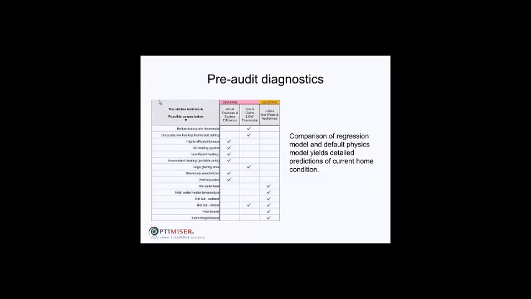So it will tell you the results of the analysis instantly, and then it will use that information. So it won't force the model or force a disaggregation, force heating load, but it will calibrate to that load for you. Here's another view of the pre-audit diagnostic.